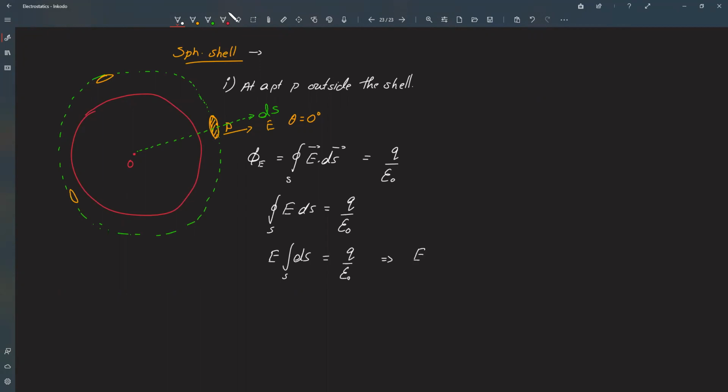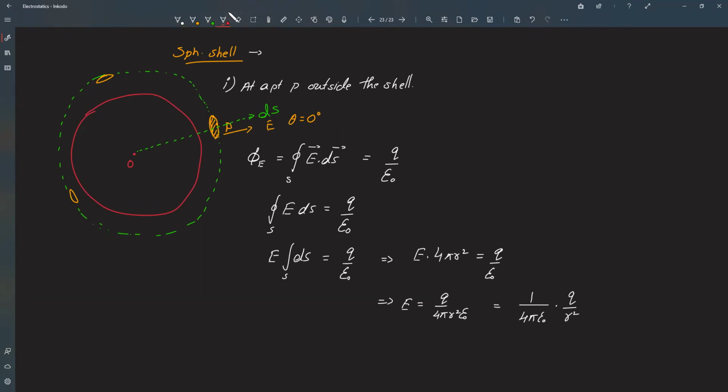So that means E into 4 pi r square is equal to q divided by epsilon naught. And from this you can say that E will be equal to q divided by 4 pi r square into epsilon naught, or 1 by 4 pi epsilon naught into q divided by r square.